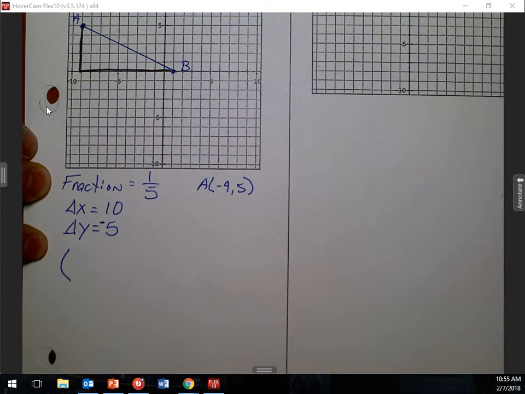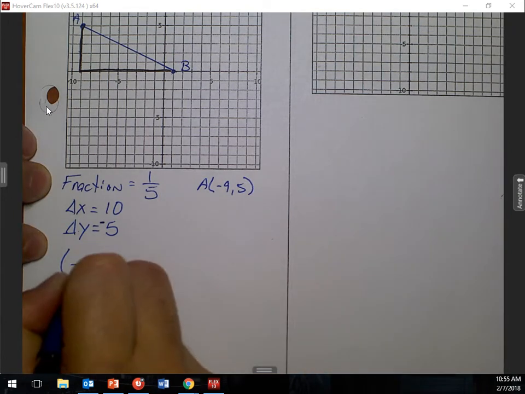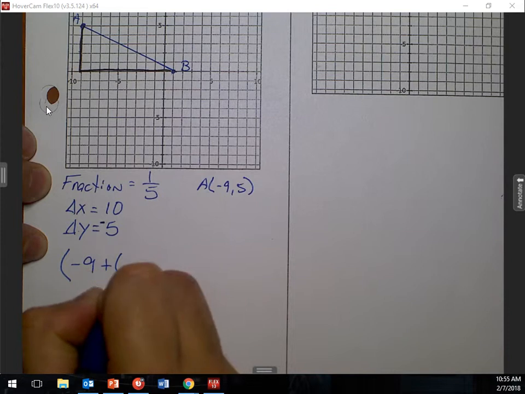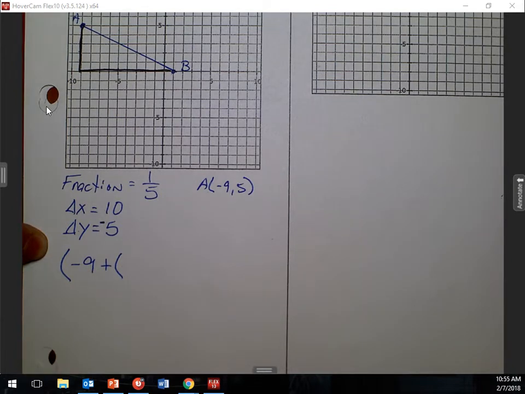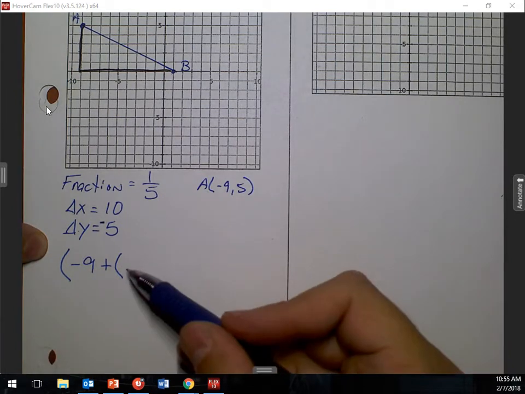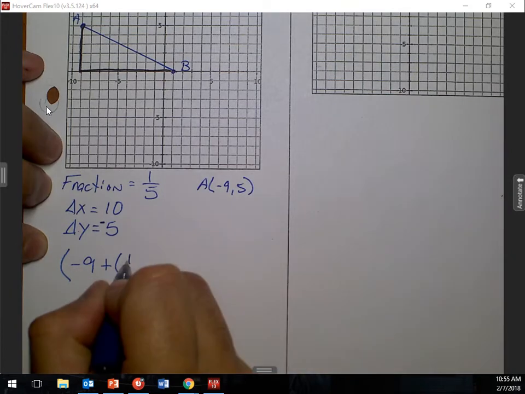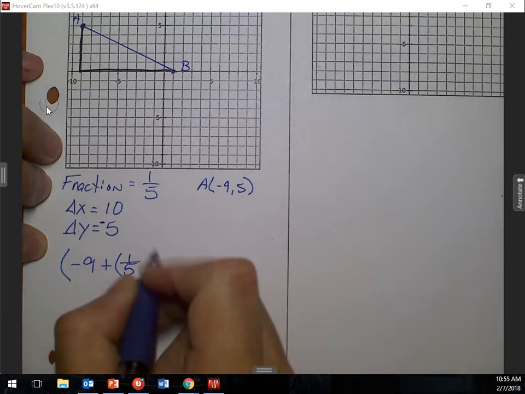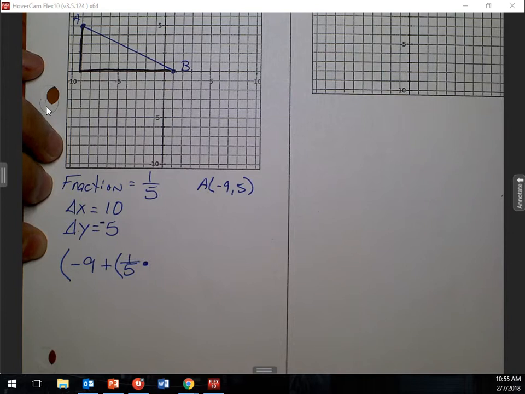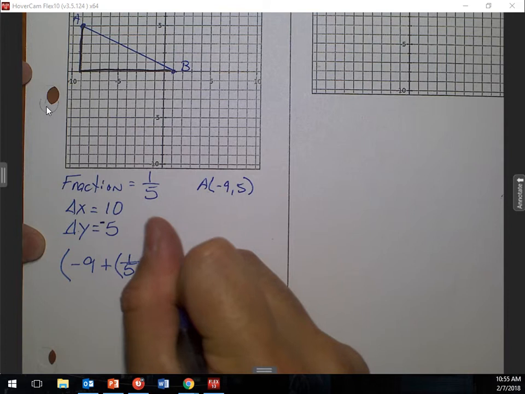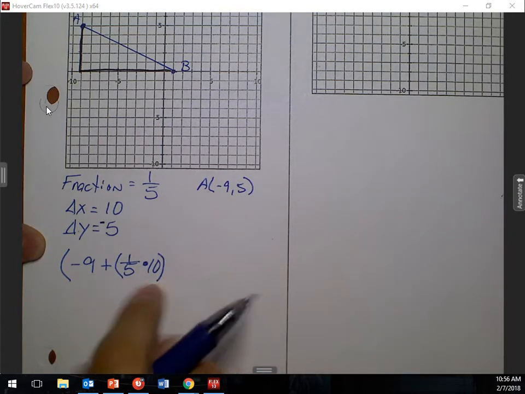I start with my x value, which is negative 9 plus parentheses. What goes inside the parentheses? My fraction, 1 over 5, very good. Times. If this is my x value, that means it has to be what number? 10, very good. Close it. So there's that piece. Comma.